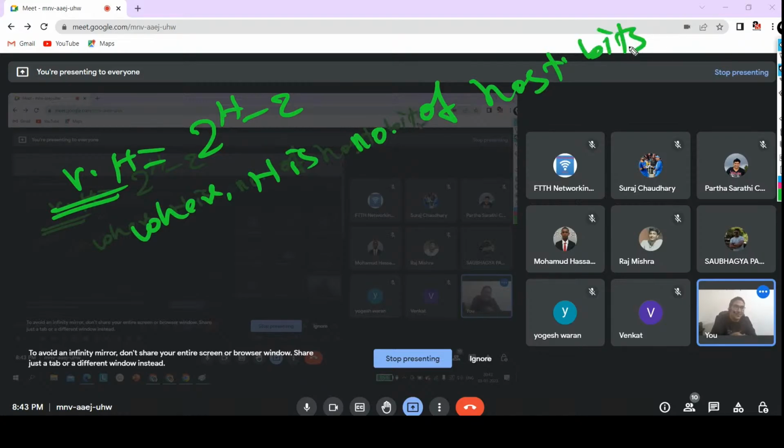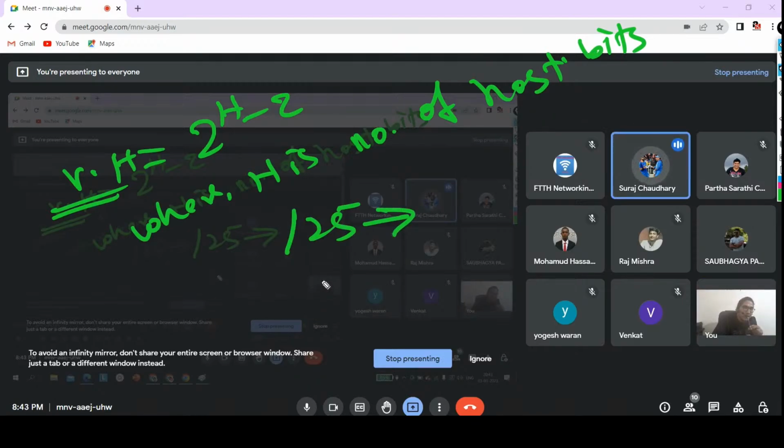Okay. So suppose I am using /25. Tell me, Kuldeep, how many host bits are there? This one is network bits, right? Out of a 32-bit IP address, if there are 25 network bits, then how many host bits are there?